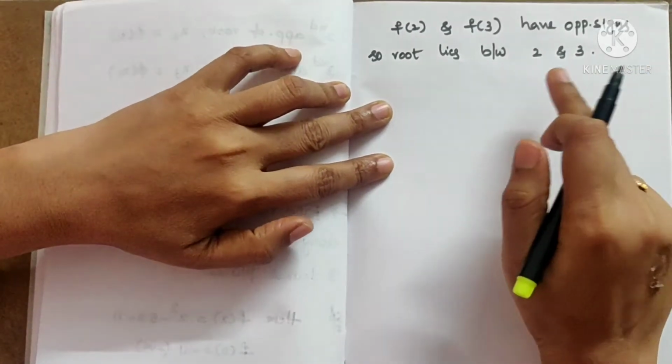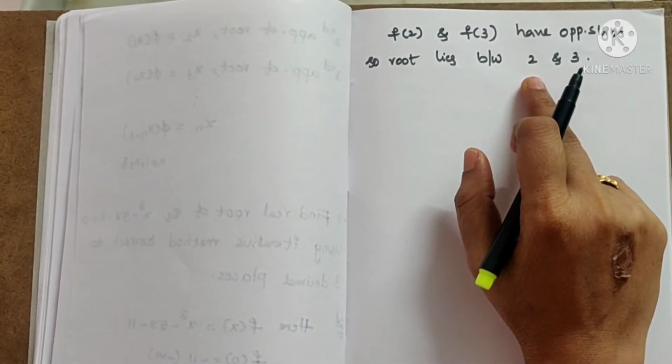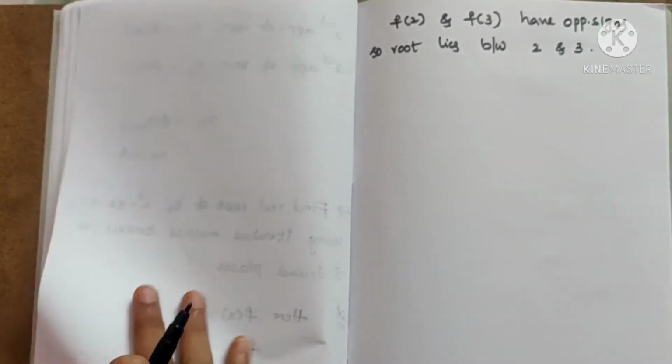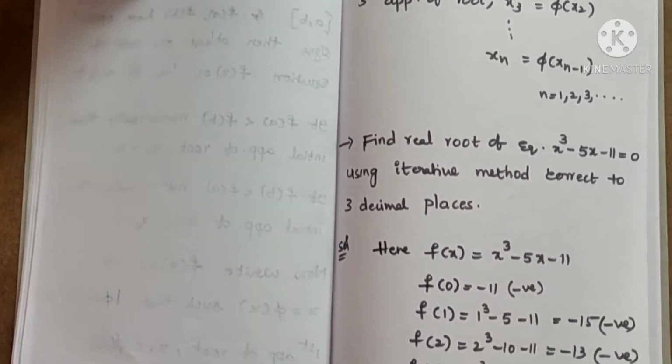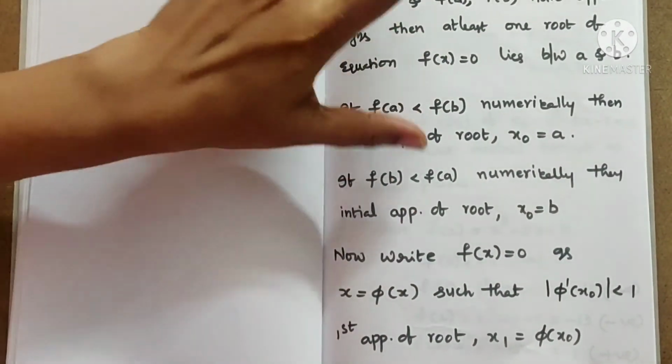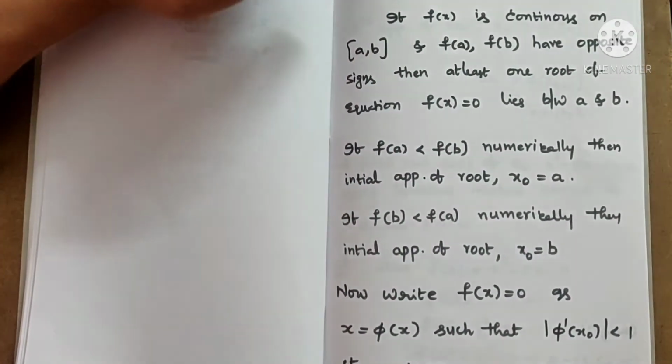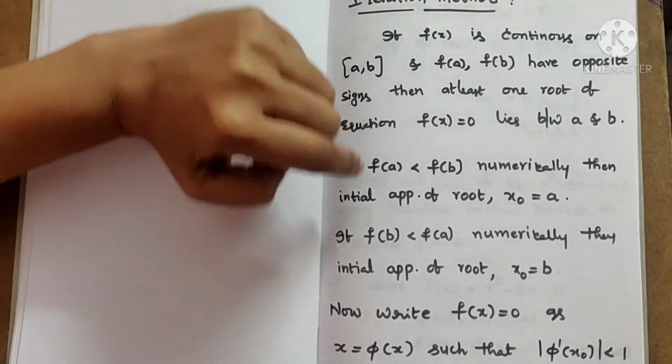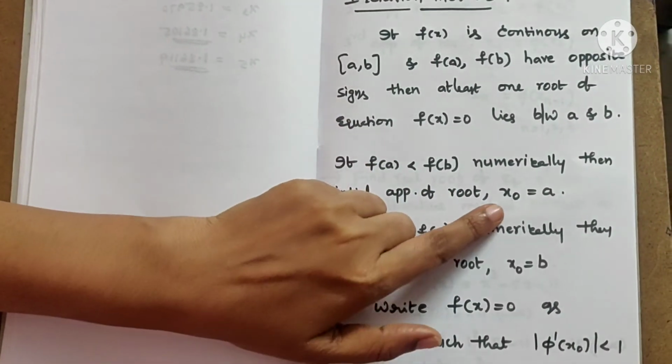The final answer you are going to get is in between 2 and 3. Before that, in the iteration process, you have to choose the initial approximation. After applying the intermediate value property in the iteration method, you have to choose the initial approximation of the root, that is x0.